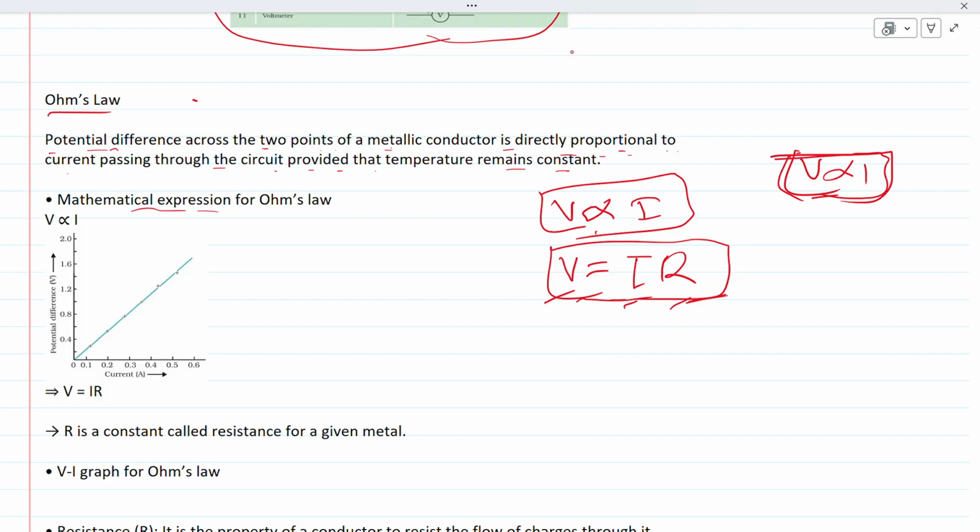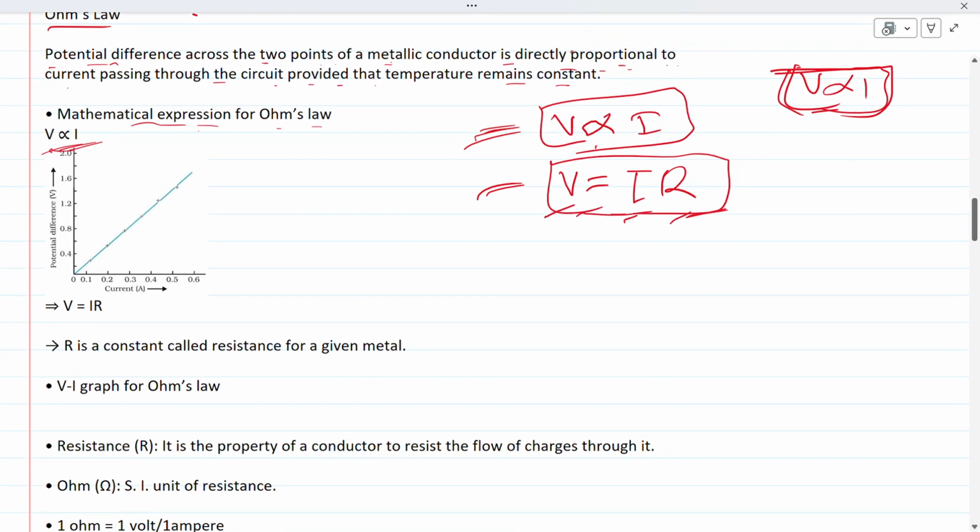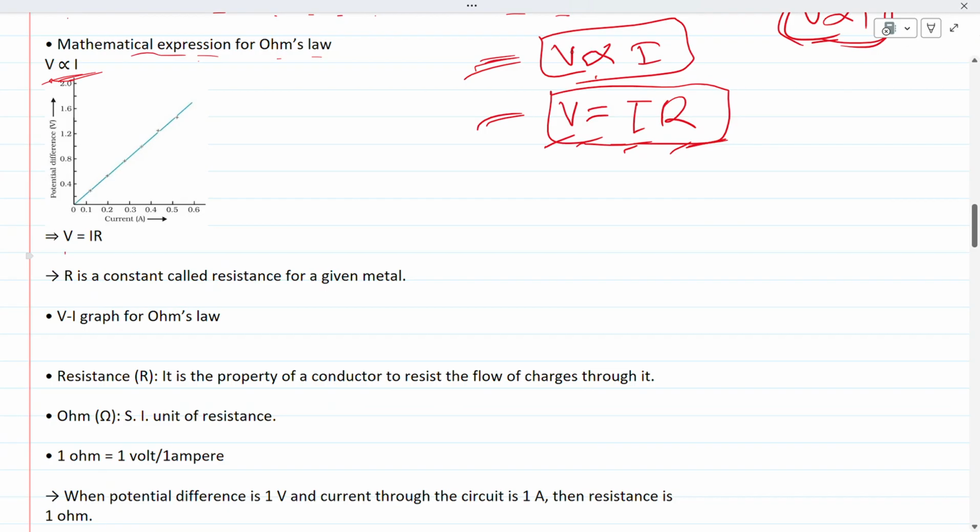The mathematical expression for Ohm's law is V directly proportional to I, and the obtained equation is V is equal to IR. R in Ohm's law is a constant, and this constant is called the resistance of the given metal, that is, the resistance of the wire.